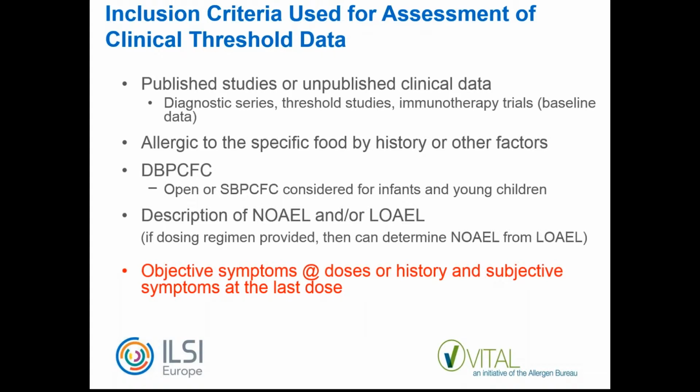So we know that when we merge data from multiple publications or sources, there can be a great deal of variability. So again, we relied on objective endpoints. In some cases, we relied upon a subjective symptom at the highest dose in the dose regimen that was being used if there was a clear history of objective reactions in the past.